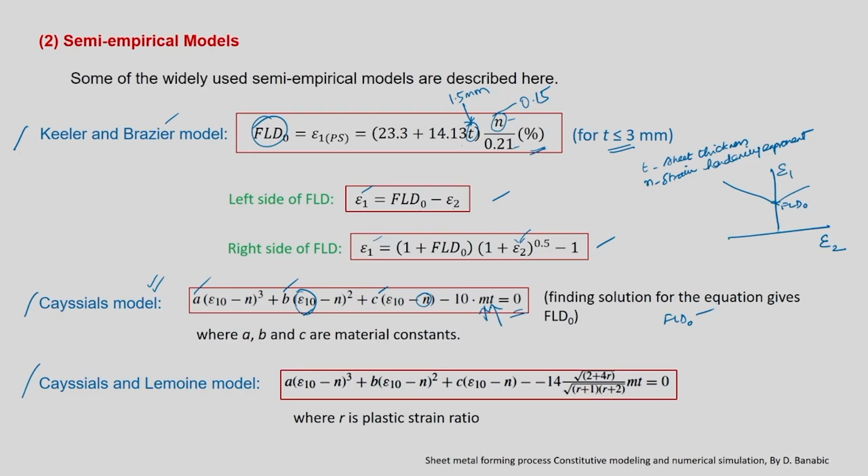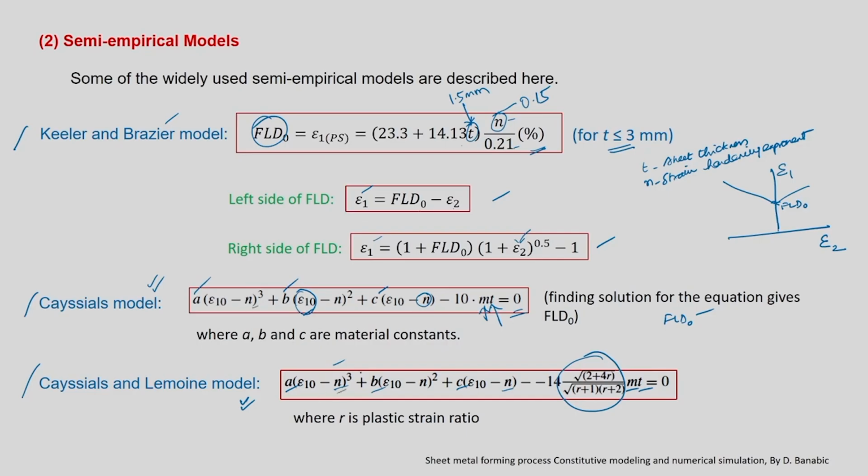Then a modification of this is also provided, and this is again a cubic form of equation. The same A, B, C are there. You have the strain hardening exponent and mt. Other than that, they have brought in the R value also. The form of the equation is almost the same.